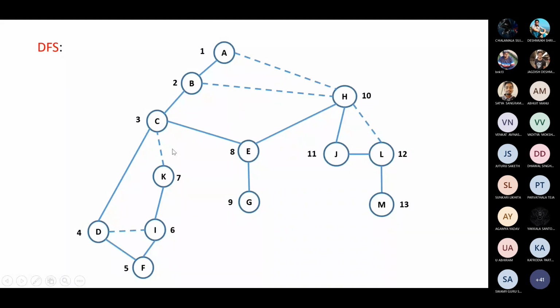If it is disconnected, then that vertex is a cut vertex. If it is not disconnected, then it is not a cut vertex. We have V vertices, and for each vertex the algorithm runs in order of V plus E time. So V into V plus E, so an order of VE algorithm.